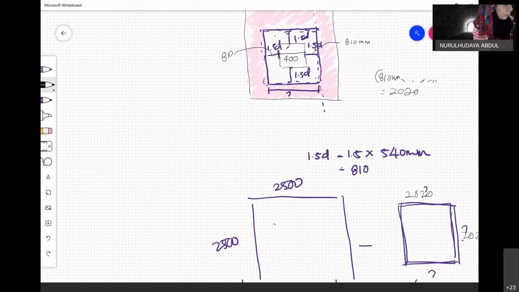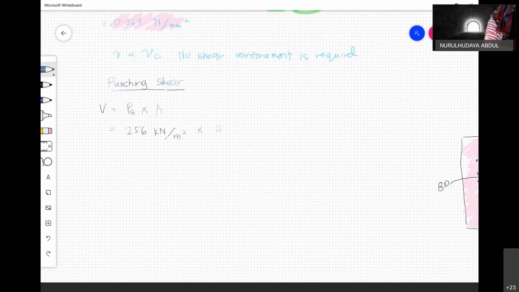2,500 lah. Because 2,500 is 2.5 meter sebab you punya PS ni in kilonewton over meter square. Lebih senang kita ada meter. Okay. So since kita nak kira area, so kita 2.5 darab 2.5 which means sama lah dengan 2.5 power of 2.